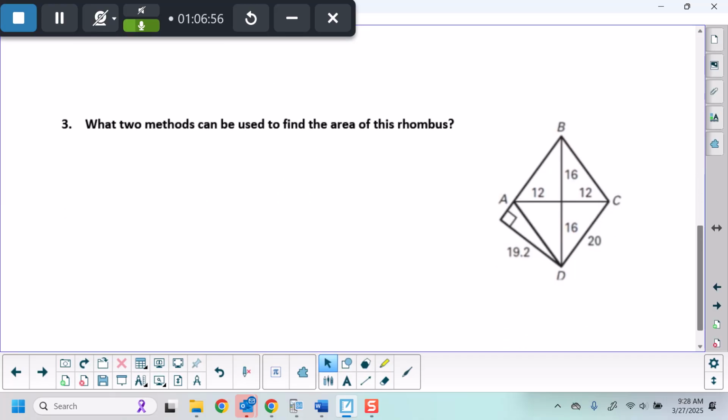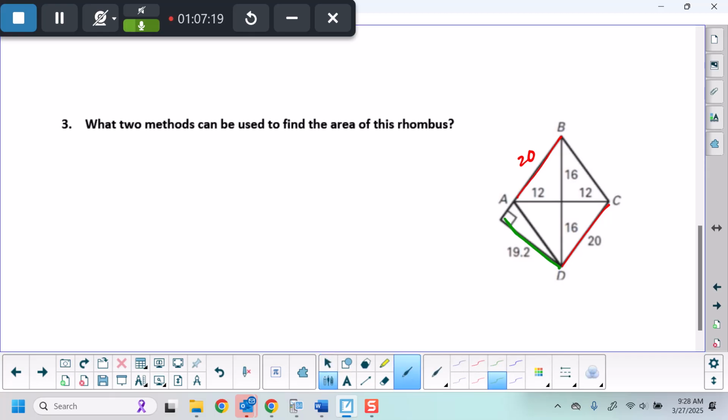In number 3, we're talking about what 2 methods can be used to find the area of the rhombus. If I have this rhombus, this base that's 20 with this height of 19.2 is going to give you its area, base times height.